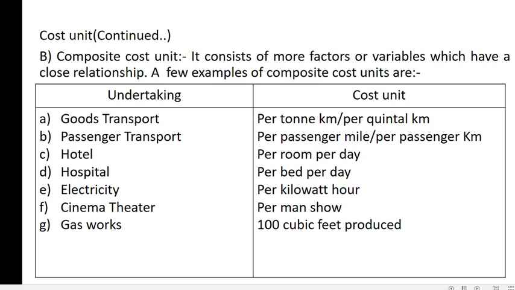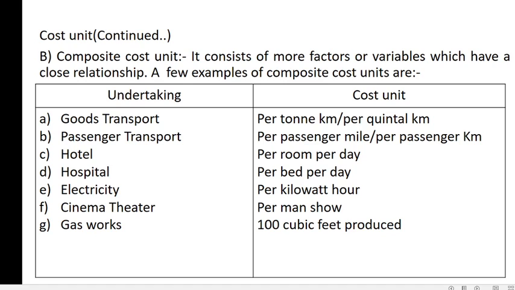For example, in a goods transport company, a composite cost unit is per ton kilometer or per quintal kilometer. In a passenger transport company, it is per passenger mile or per passenger kilometer. In a hotel, it can be per room per day. In a hospital, it can be per bed per day. In a cinema theater, it can be per man show.